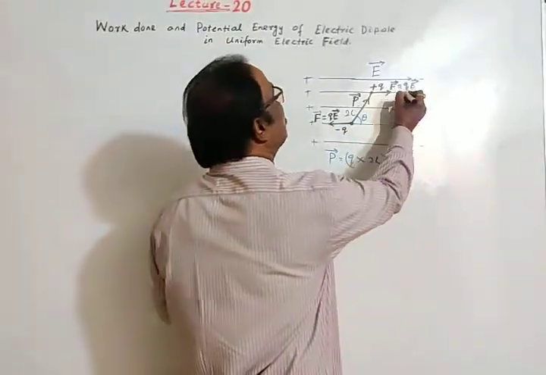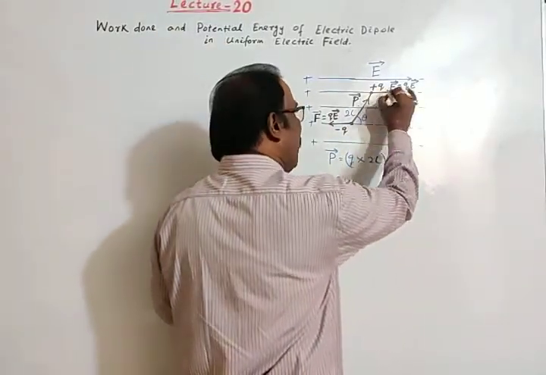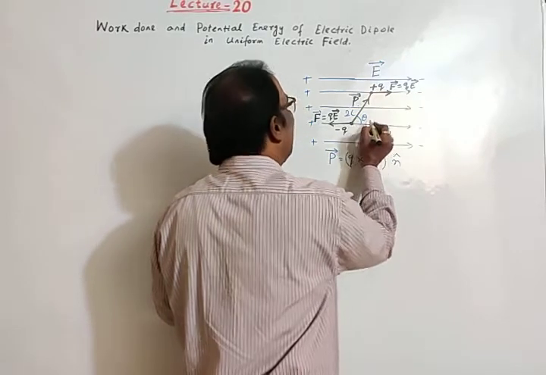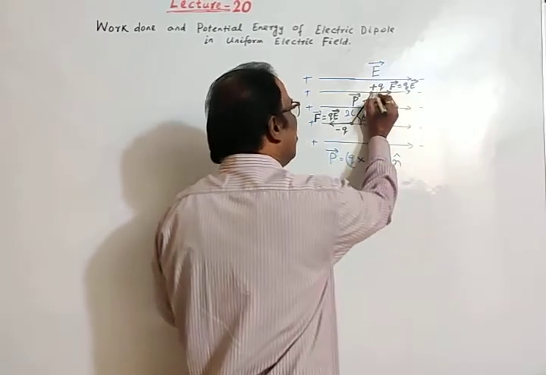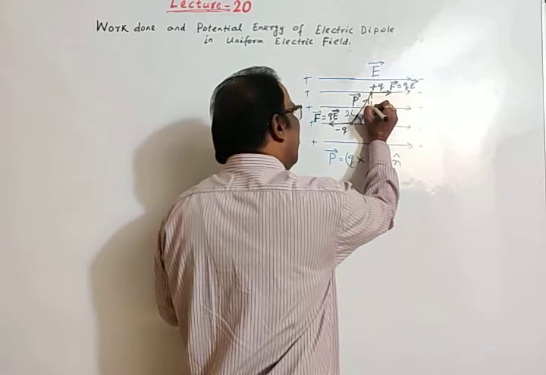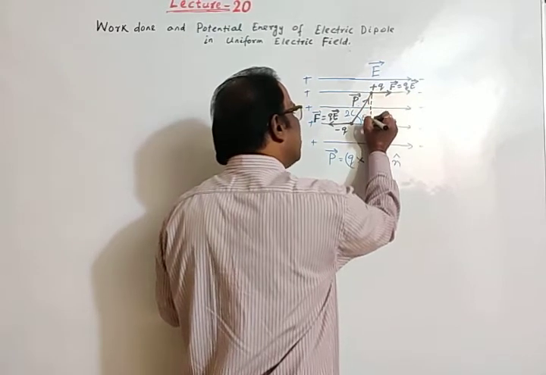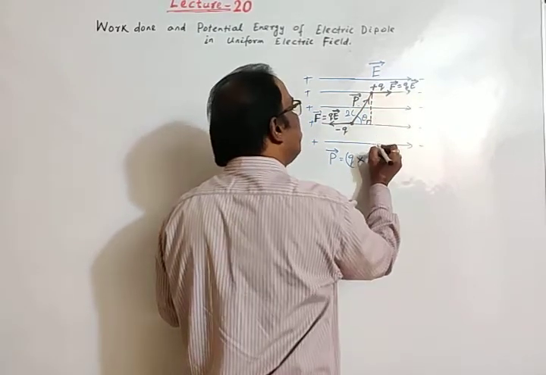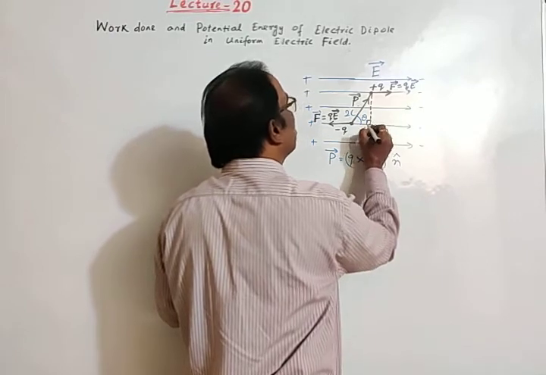Since this force is parallel to the direction of electric field and this is anti-parallel to the direction of electric field, consider the perpendicular distance between these two equal and opposite forces.